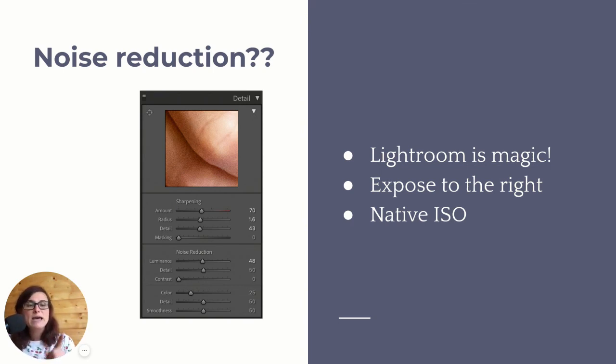Another trick is to only stick to your native ISO range. Try not to use the extended ISO range, because the extended ISO range is basically just the software of your camera amplifying that signal, pumping it, and by doing that, it distorts it and it translates into a lot of grain and a lot of noise.